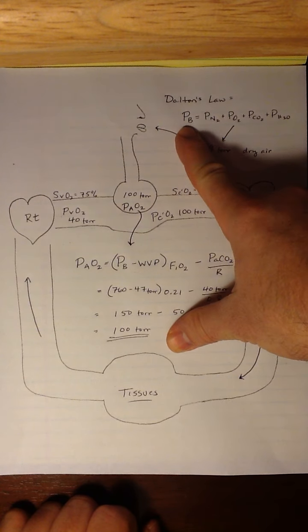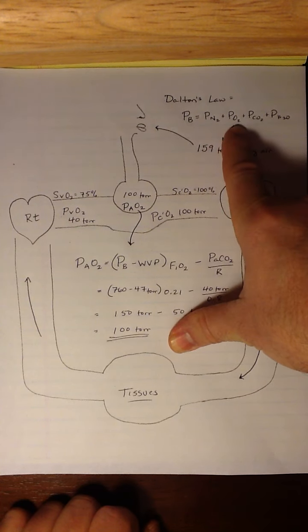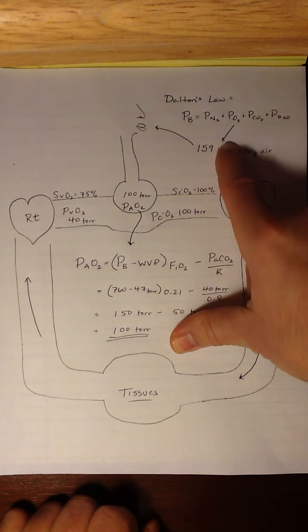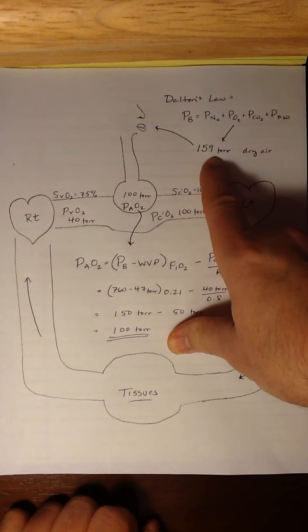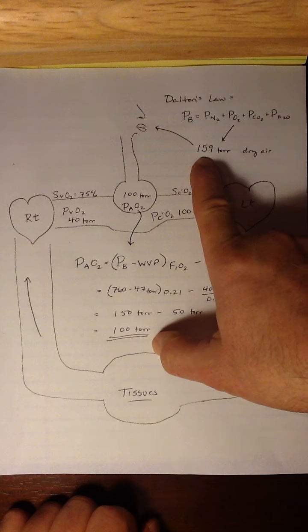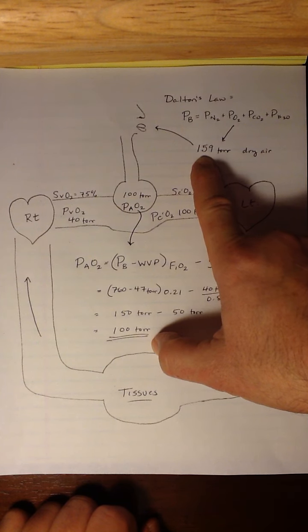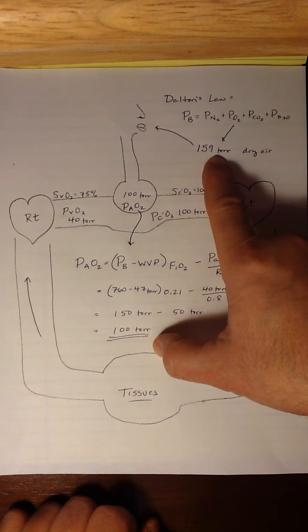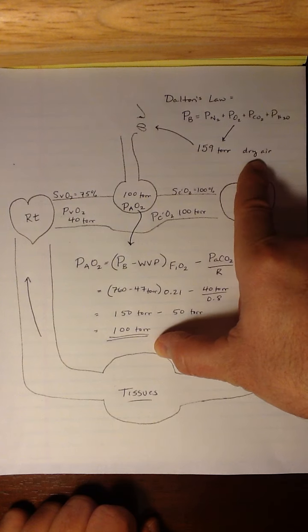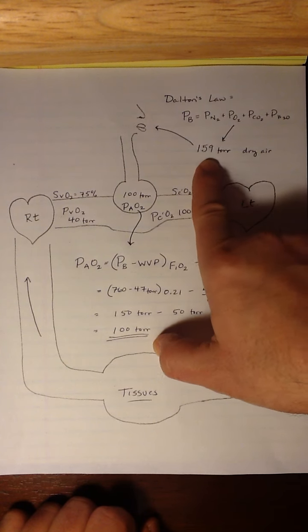What I did was take a barometric pressure of 760 torr, which we know is barometric pressure at sea level. I multiplied it by 21% fraction of inspired oxygen to get a PO2 of 159 torr. So again, 760 times 21% gives us 159 torr, which is the PO2 in dry air at sea level.